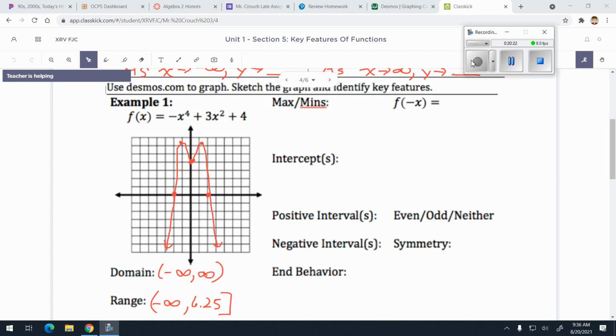All right, max and mins. Okay, so my max and mins, I got a max and min. All right, so I have two max values.